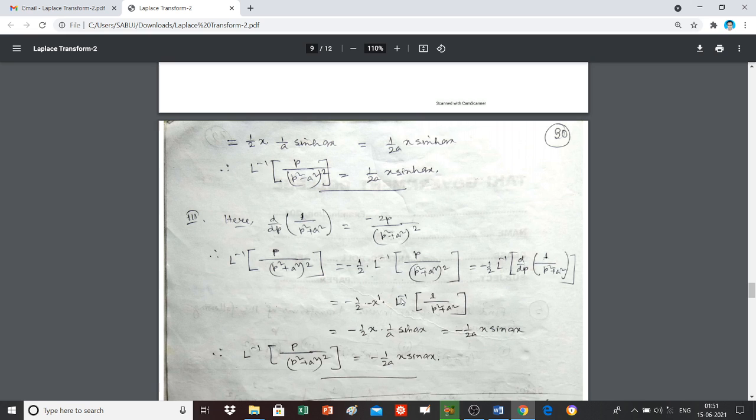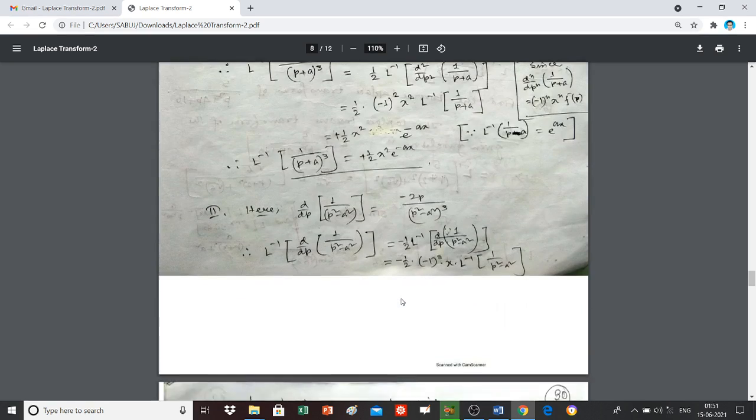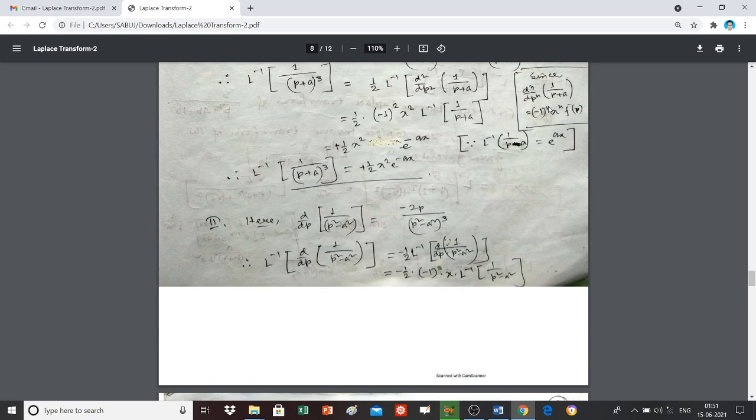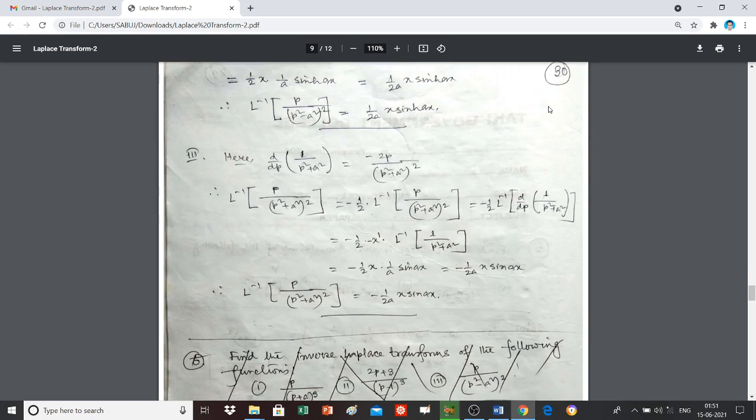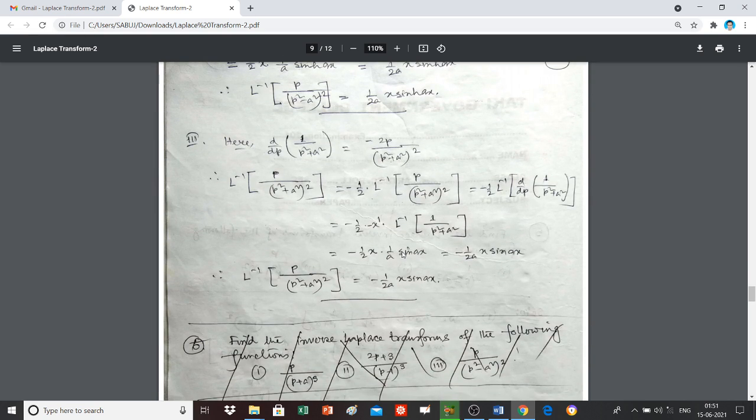Using the same relation, you will be able to find that this gives minus half first, then x to the power 1, since in this case the first order derivative is here.